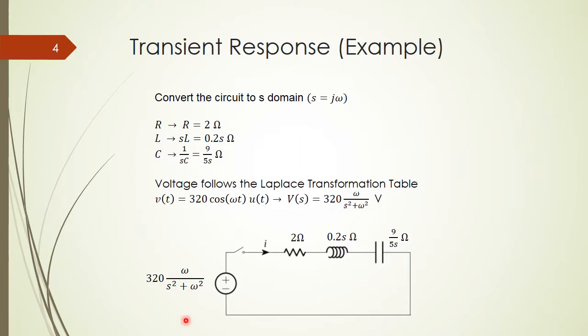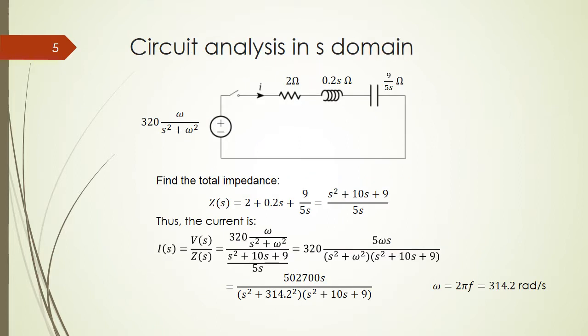And we will draw the circuitry using the new values in the S domain like this. The circuit analysis in the S domain is exactly the same as our normal analysis.